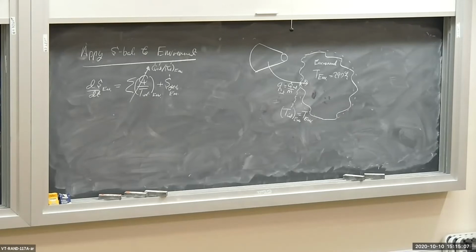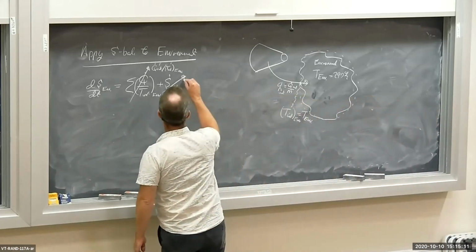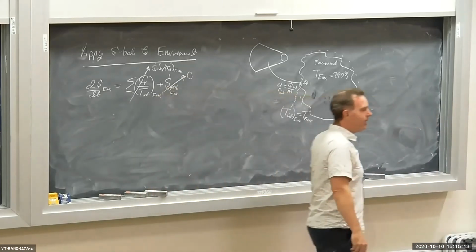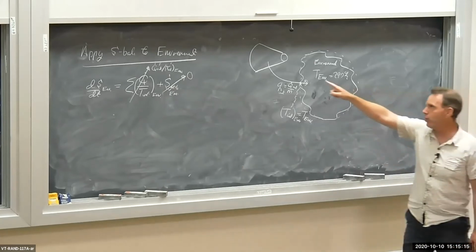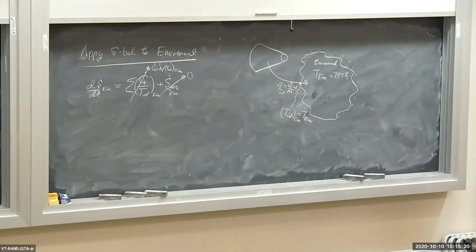So I think it's a pretty good assumption that we're going to neglect any irreversibility associated with the running of the nozzle in the environment. I'm really interested in what's happening to the environment due to the presence of the nozzle.